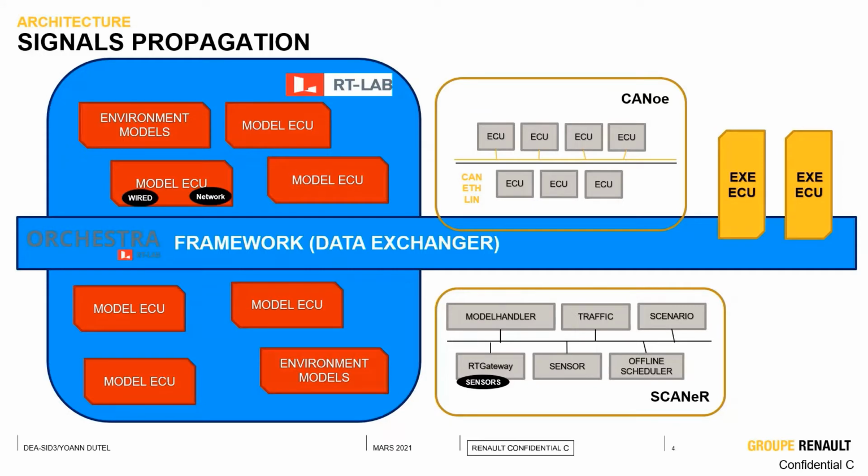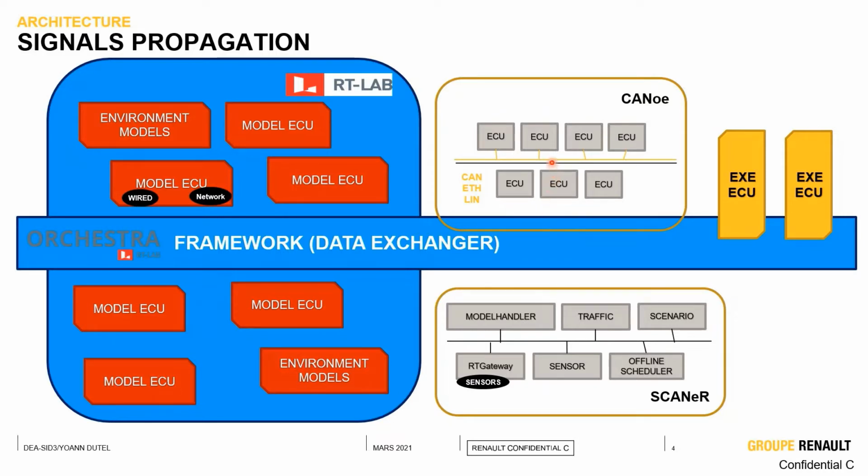On our car, we use a CAN network to exchange data between ECUs, and in our platform we simulate this network with CANU. So our ECU model, which is in RT Lab, sends its signals to CANU through Orchestra.